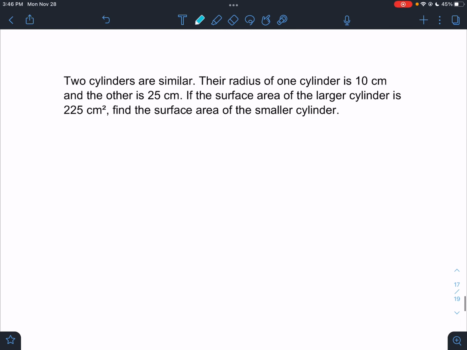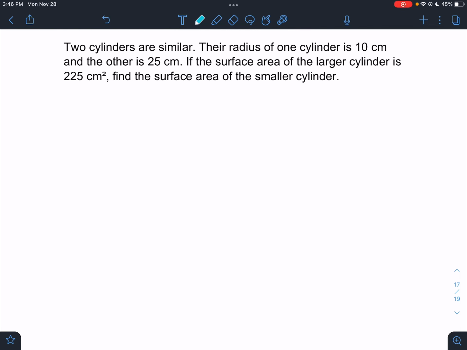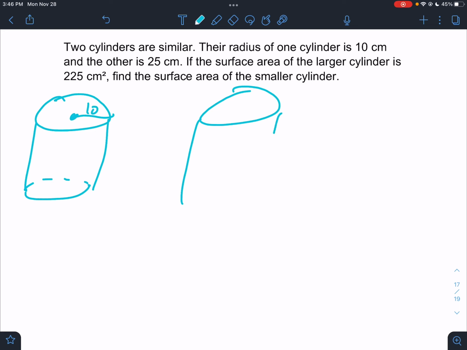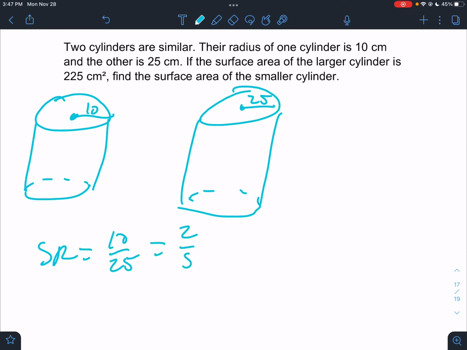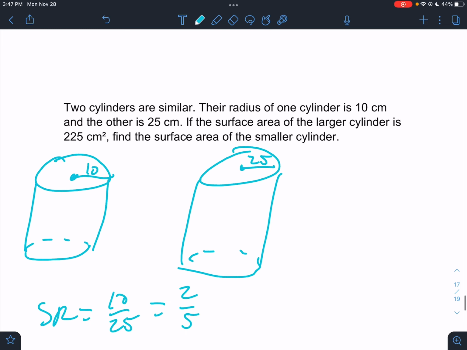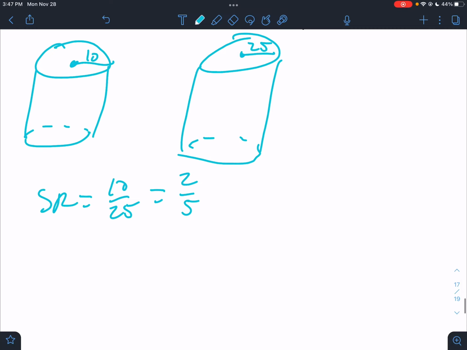Two cylinders are similar. The radius of one cylinder is 10, the radius of the other is 25. So you don't have to draw it out, but the radius is 10, the radius is 25, so that means that the similarity ratio is 10 over 25, which reduces to 2/5. So that's the similarity ratio. But we're working with what? Area. So what is the area ratio?